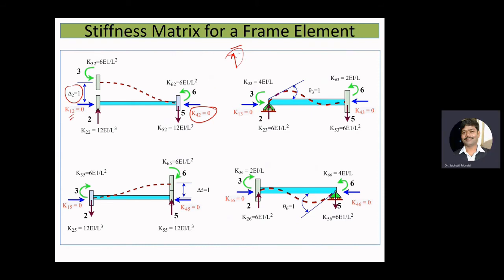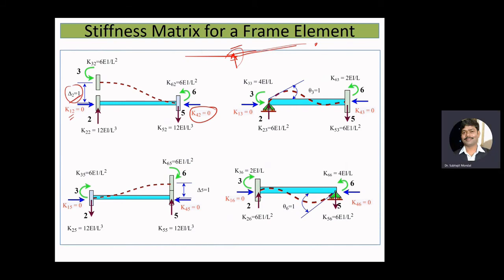Okay, so if we apply unit transverse displacement, that will not cause any forces corresponding to the axial degree of freedom. Okay, so these two degrees of freedom are independent of each other. So here we will apply unit displacement. Now, if we apply unit displacement, then we need to see what forces are developing.